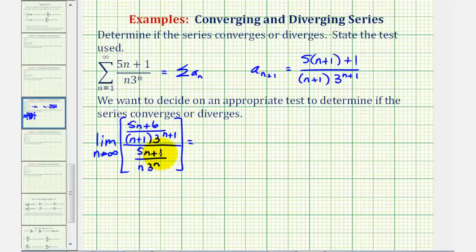Instead of dividing by the fraction on the bottom, we'll now multiply by the reciprocal of the fraction on the bottom. So this limit is equal to the limit as n approaches infinity of the top fraction times the reciprocal of the bottom fraction, which would be n times 3 to the power of n divided by 5n plus 1.